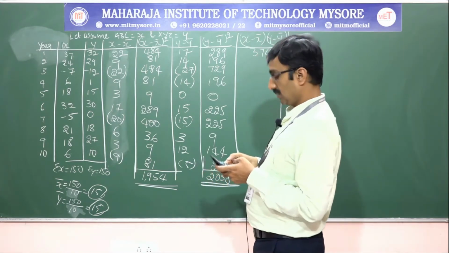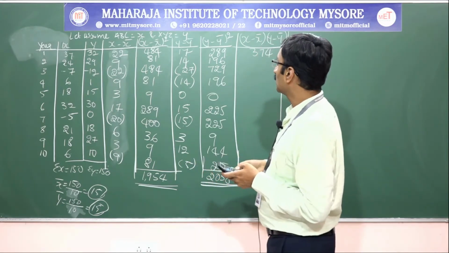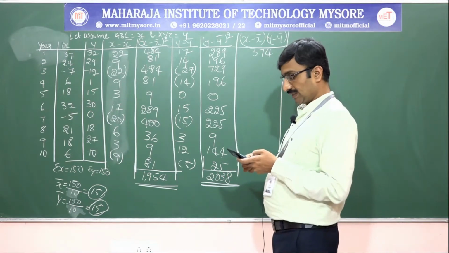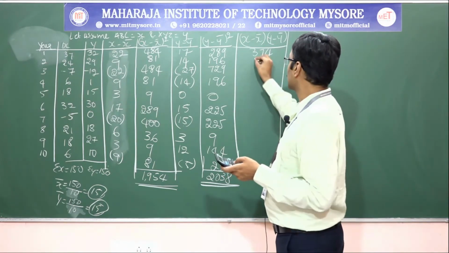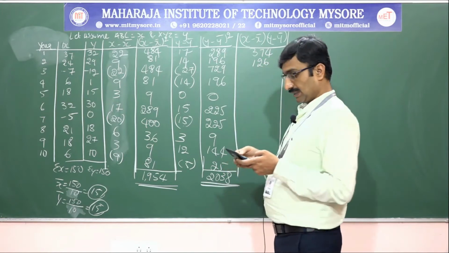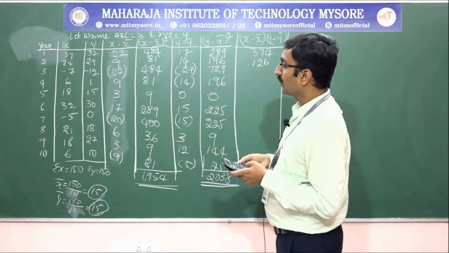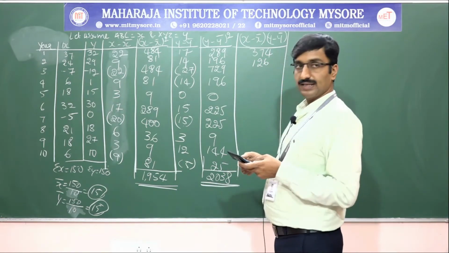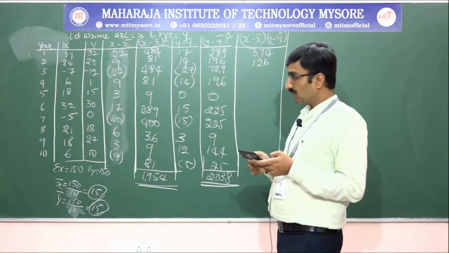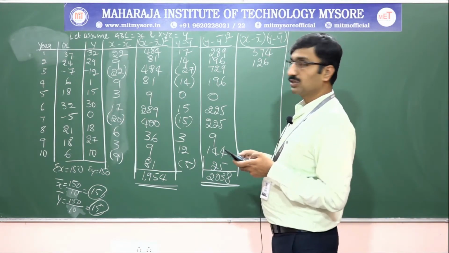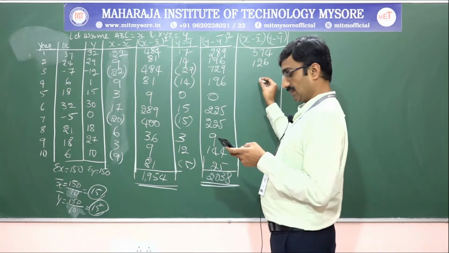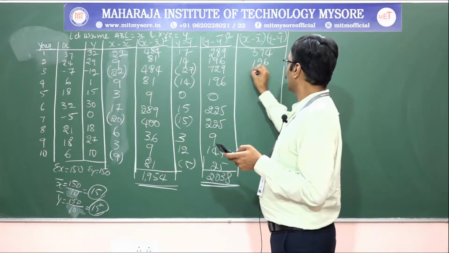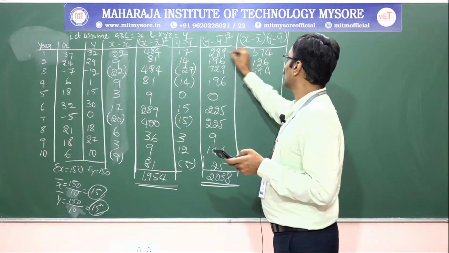Next, 9 into 14, it is 126. Next, 22 minus 22 into minus 27, it is 594.